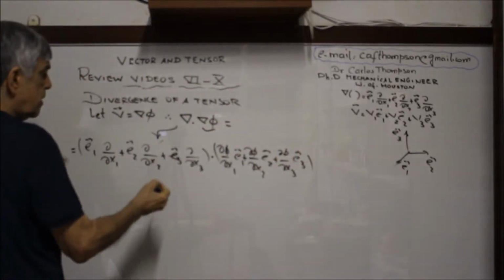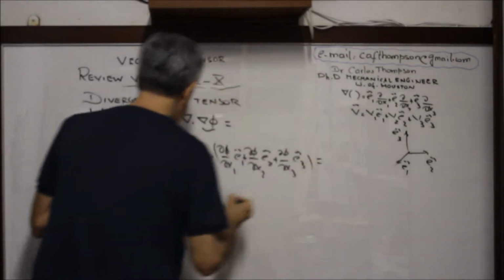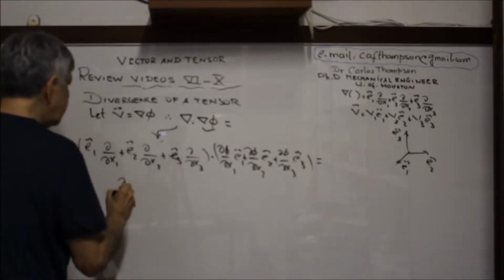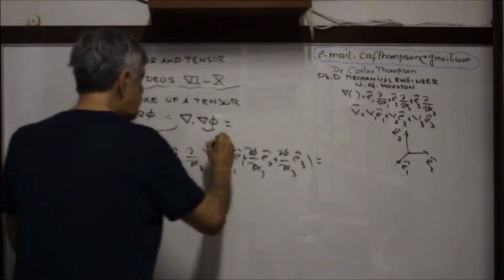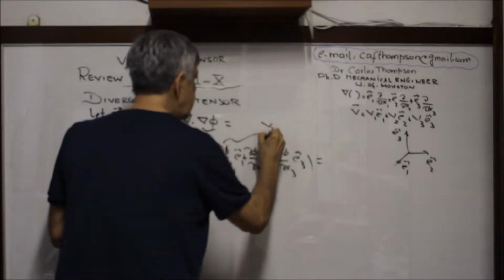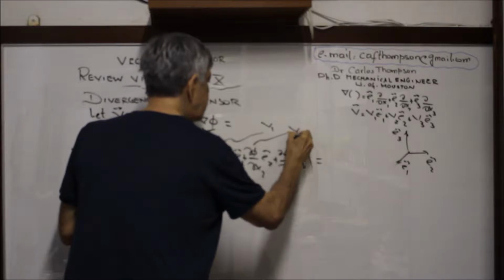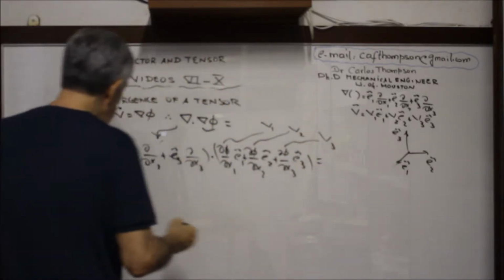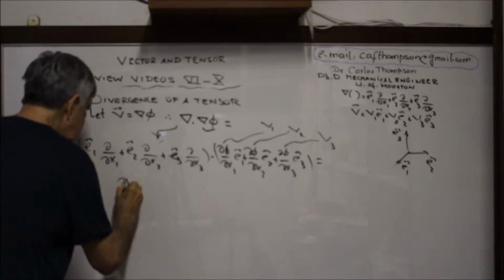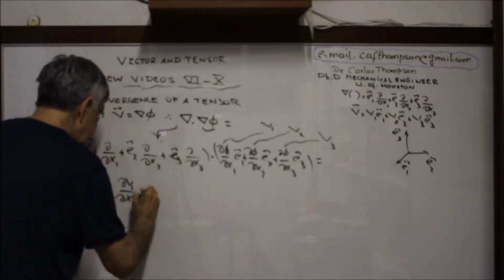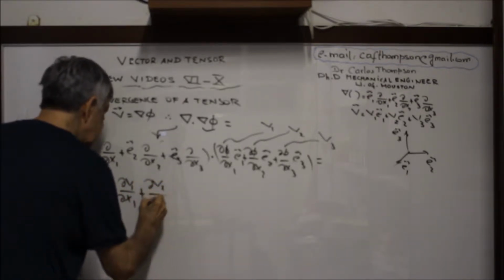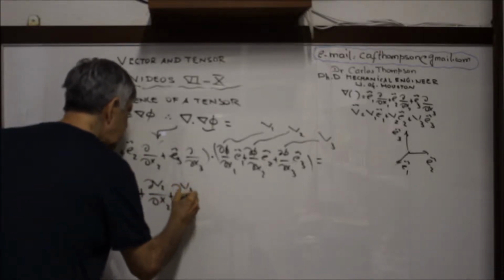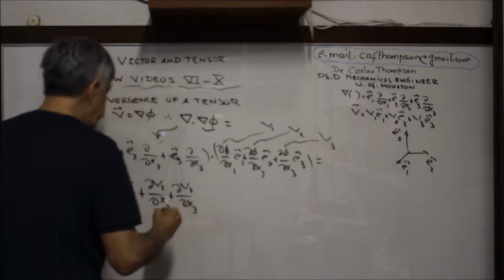You see it's the same, so this is equal partial with respect to x1. Now this here behaves like v1, this is v2, and this is v3, like we did before. So the partial v1 with respect to x1 plus partial v2 with respect to x2 plus partial of v3 with respect to x3.